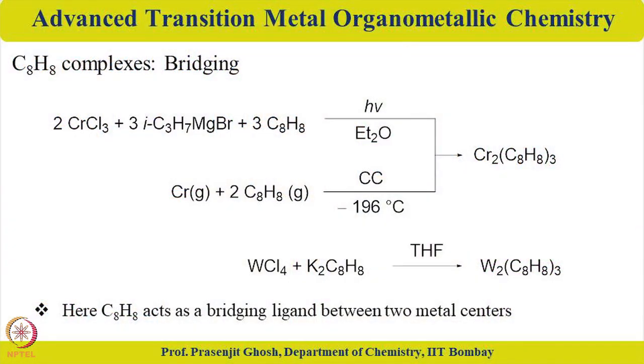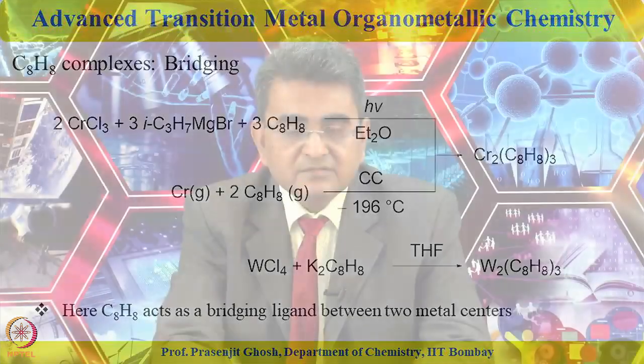are isostructural, let me just give the synthesis of these two compounds, chromium here, Cr2(C8H8)3 and tungsten W2(C8H8)3. The reactions are given over here before the structural discussion is initiated on these two dinuclear complexes.